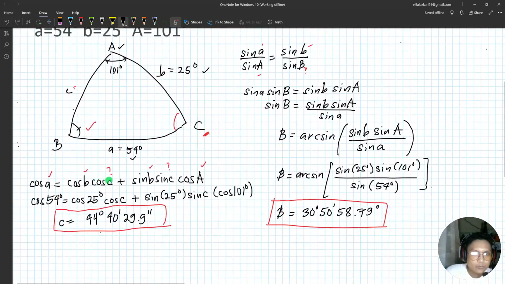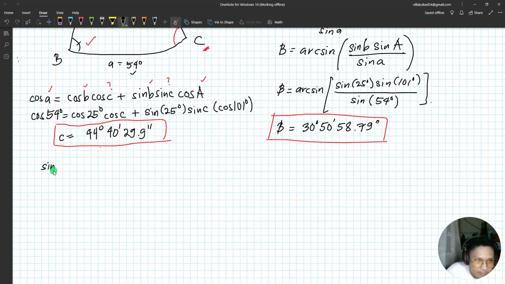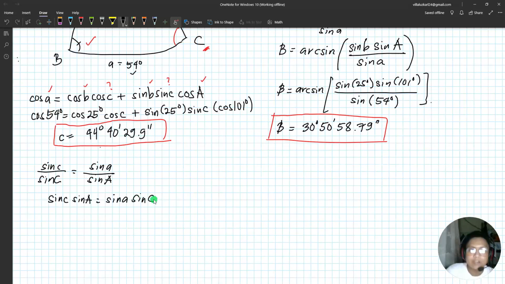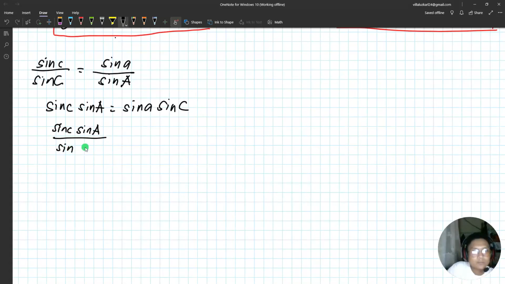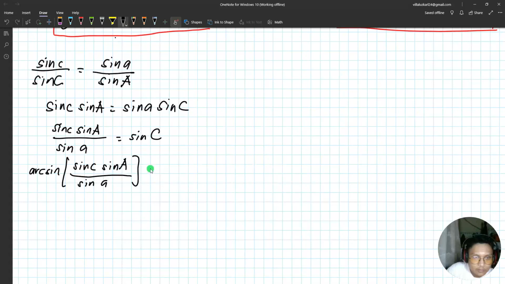Using the sine law, sine of side C over sine of angle C is equal to sine of side A over sine of angle A. Cross multiply, we will have sine C times sine angle A equals sine A times sine angle C. Then divide both sides by sine of A. We will have sine side C sine angle A over sine A equals sine C. Transpose the sine function, we will have arc sine of sine C sine angle A over sine side A equals C.